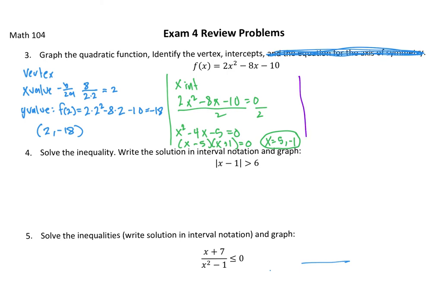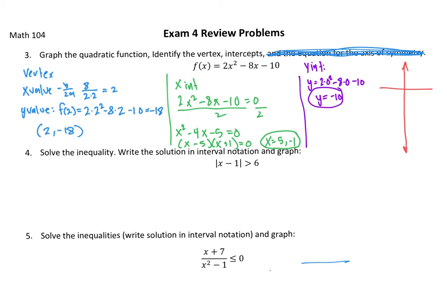Next, to graph, we need to find the y-intercept, and that is luckily the easiest part. We're just going to plug 0 in for our x, which you don't even have to write down. If you can see it without writing it down, you should be able to see that y equals negative 10. Now, I'm going to graph this.